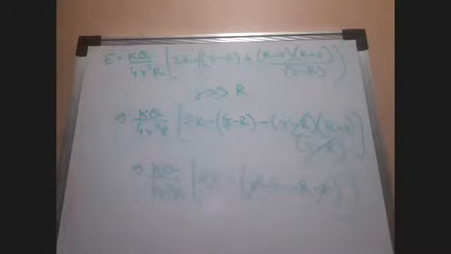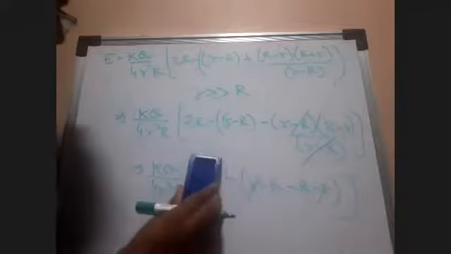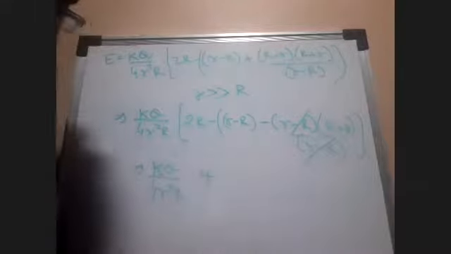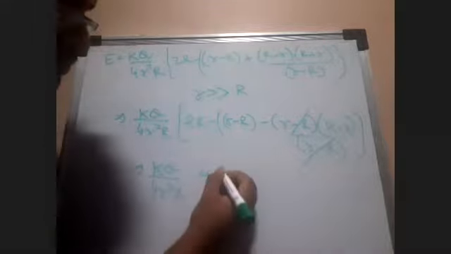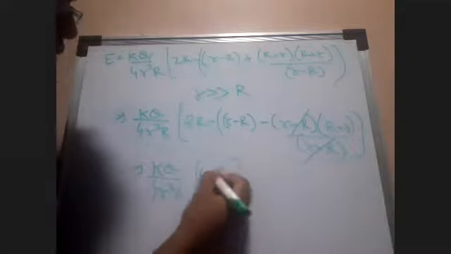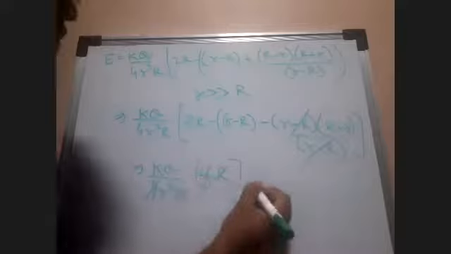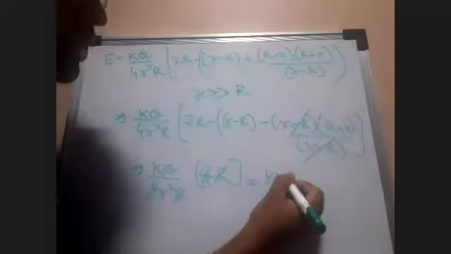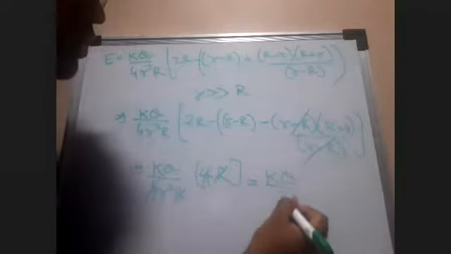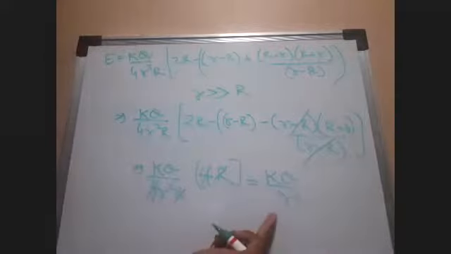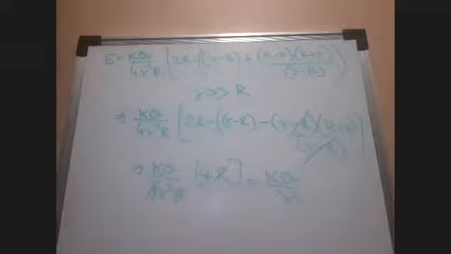So this entire thing becomes 4r. The 4 gets cancelled, R gets cancelled. So you get kq upon r square. This is the electric field intensity at a point P, which is outside the sphere.